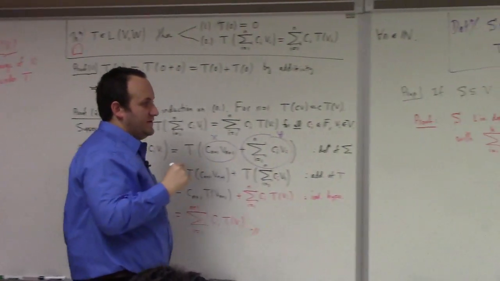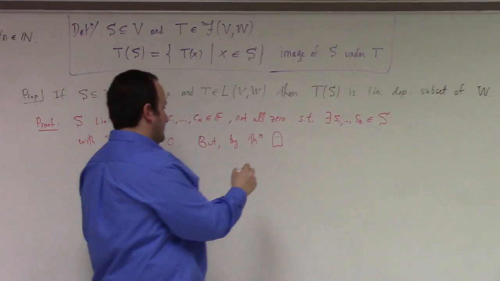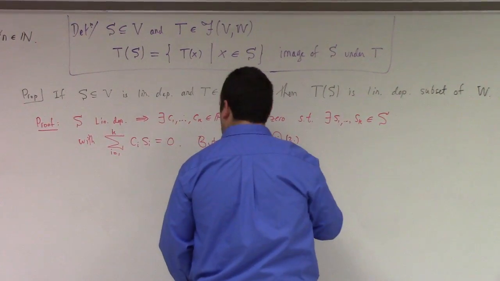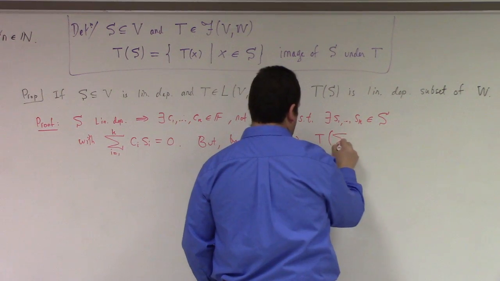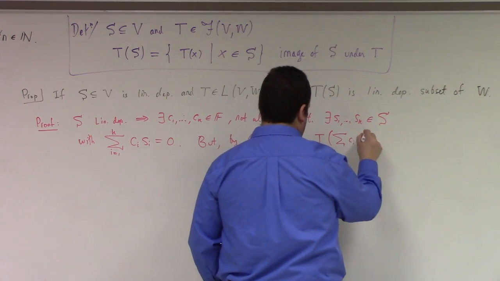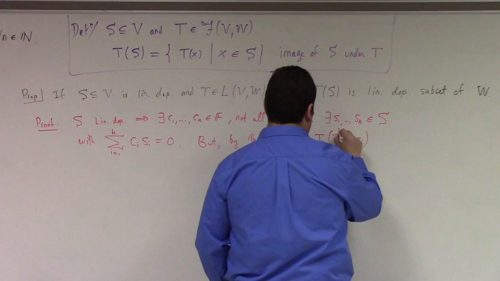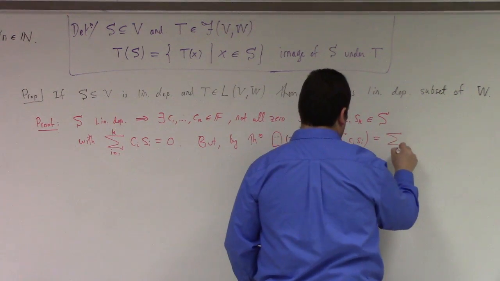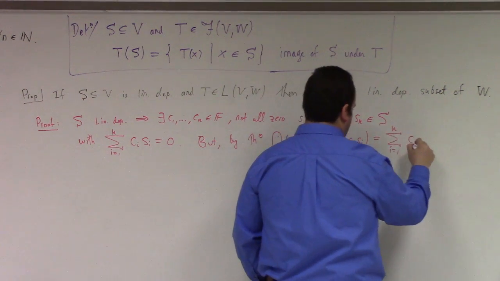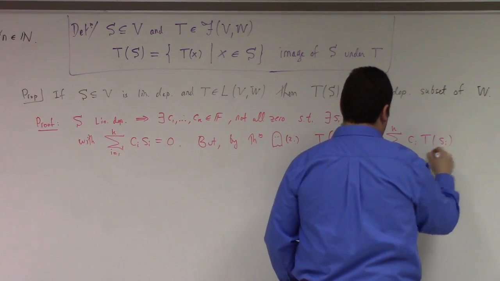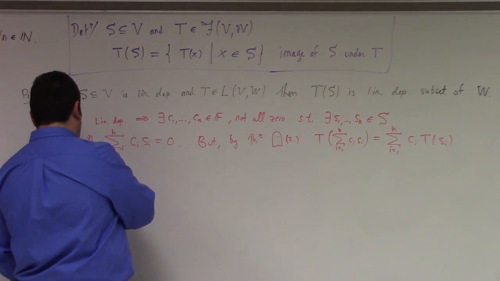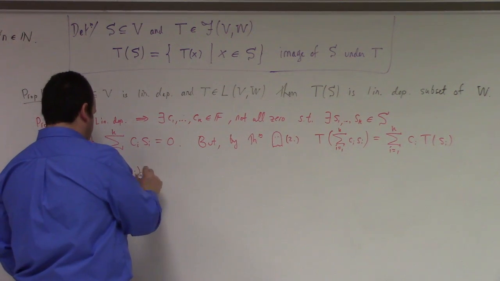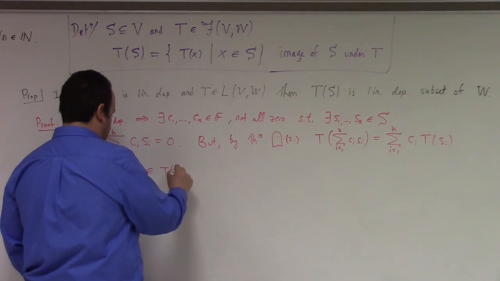By the Gauss theorem, part 2, we have T of the sum over i equals 1 to k of ci si is the sum i equals 1 to k of ci T of si. And of course, T of si are elements of T of S.